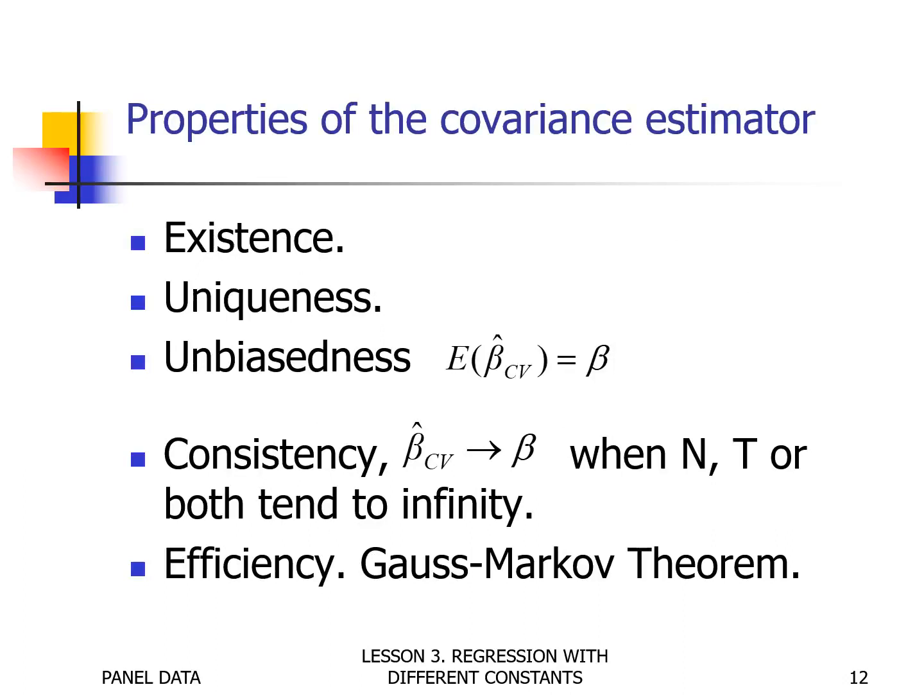The properties of the covariance estimator are important, and they are something that you have to understand well. The first one is existence. The estimator exists for a large variety of situations, and it gives you an answer. Then a second property is that the answer is unique.